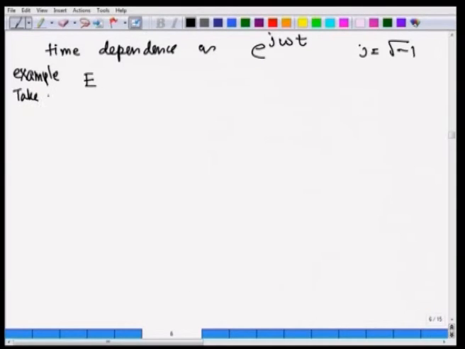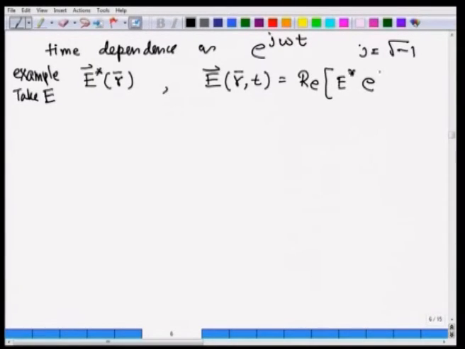Similarly, you can do it for the magnetic field or other quantities as well. The actual, physical real E as a function of position and time can be obtained by taking the real part of this E star quantity multiplied by e to the j omega t. It is the same thing which we did earlier, now I am doing it in a more generic fashion, and E star of course is a function of position only.